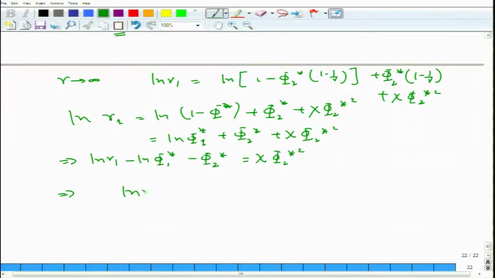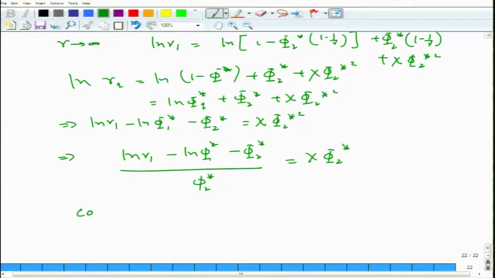This means that ln gamma 1 minus ln phi 1 star minus phi 2 star, divided by phi 2 squared, is nothing but chi. Now, this is something which we can compare with the Scatchard-Hildebrand theory.